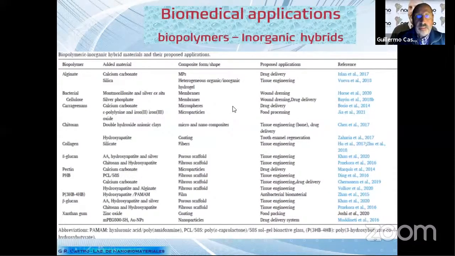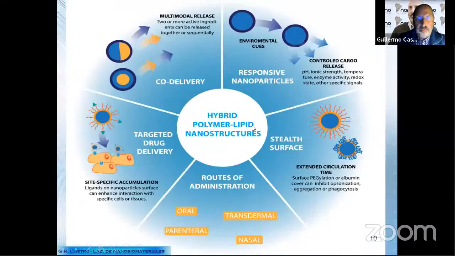So what we can do with a hybrid polymer, for example, lipid nanostructure. Co-delivery of more than 1 molecule that contains the activity. We can produce responsive nanoparticles. We can make stealth surfaces, which is pegylation, or covered with albumin or proteins that don't give any immune resistance.